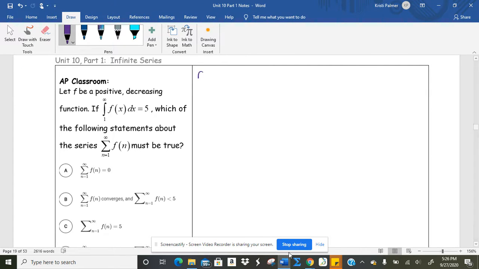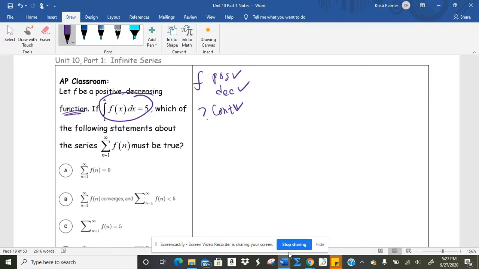F is positive, decreasing, and it's a function here. And they gave me this piece of information. I'm going to assume that they meant to tell me that it's continuous as well.